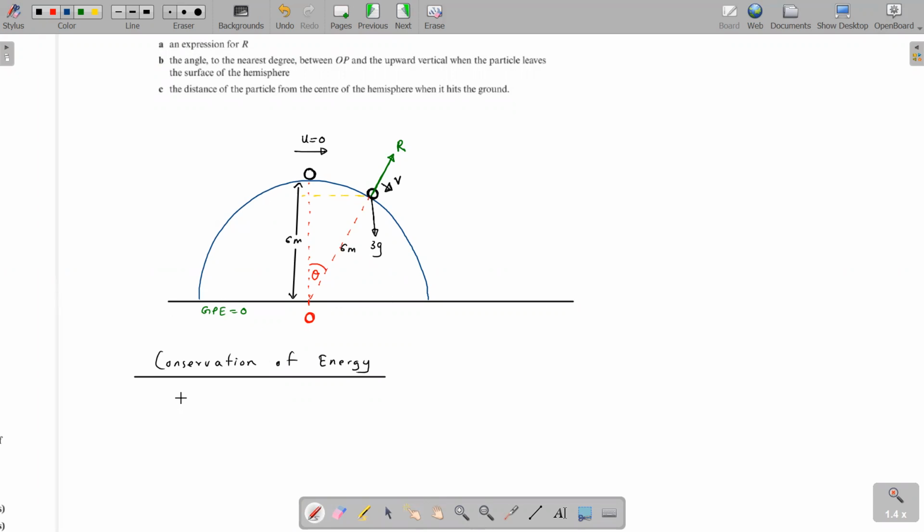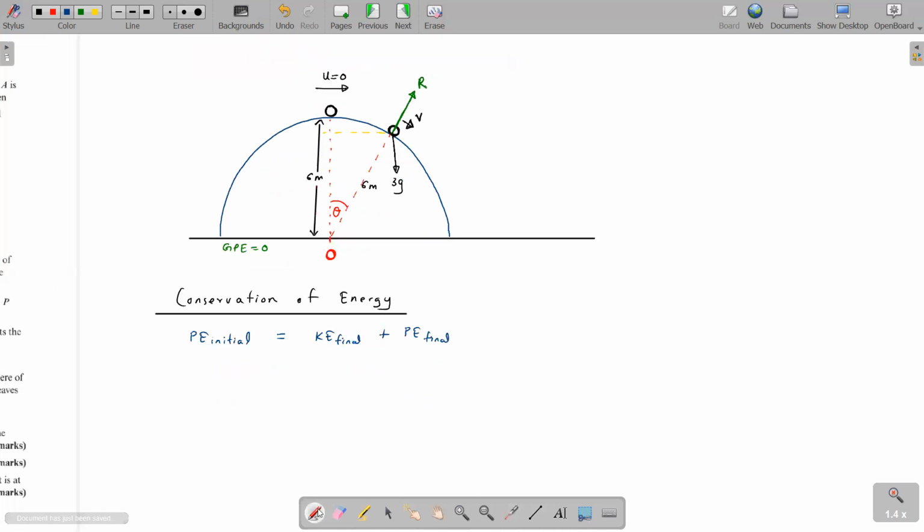So I have initial potential energy, there is no initial kinetic energy, equals, at this point, there's a final kinetic energy because it has a speed, and there is a final potential energy, because I'm taking the height over here. Basically kinetic energy gain equals potential energy loss, so if we subtract the PE initial from PE final, that's PE loss.